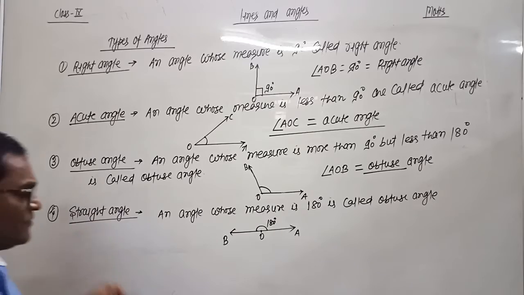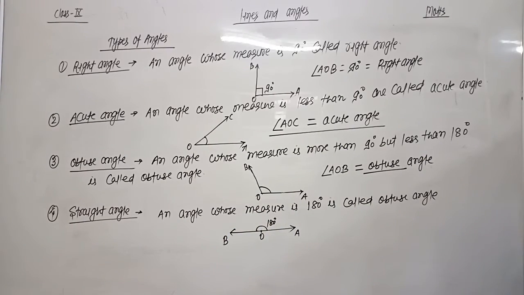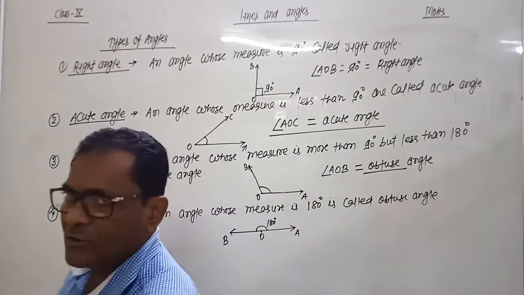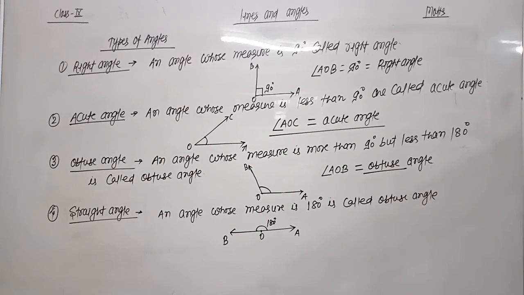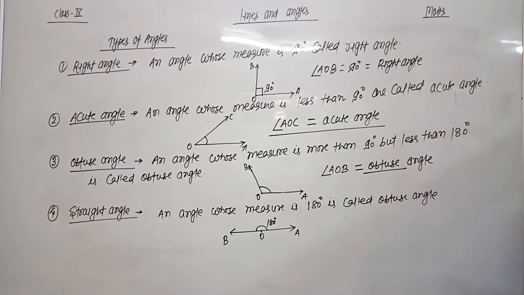So we have studied four types of angles. First is the right angle, whose measure is 90 degrees. Second is the acute angle, whose measure is more than 0 degrees but less than 90 degrees. Third is the obtuse angle, whose measure is more than 90 degrees but less than 180 degrees.